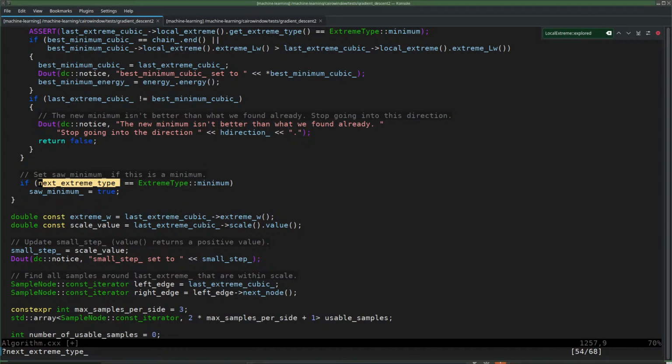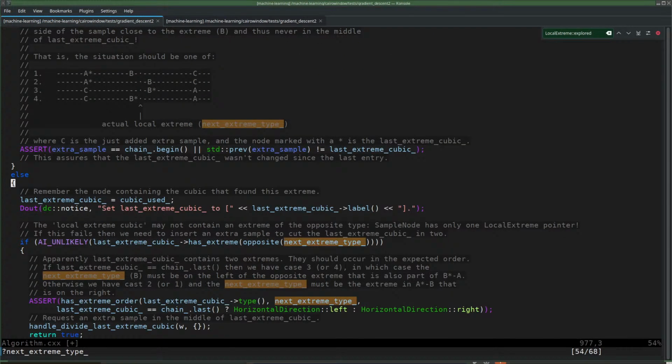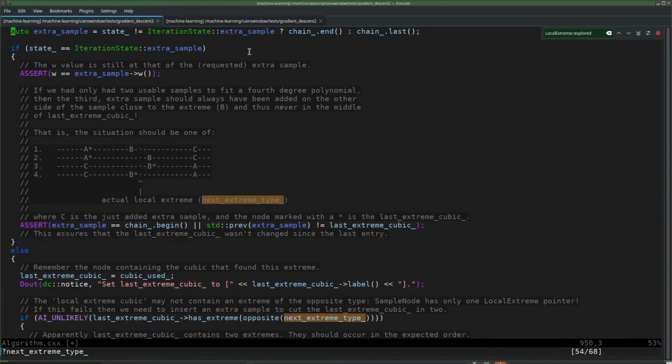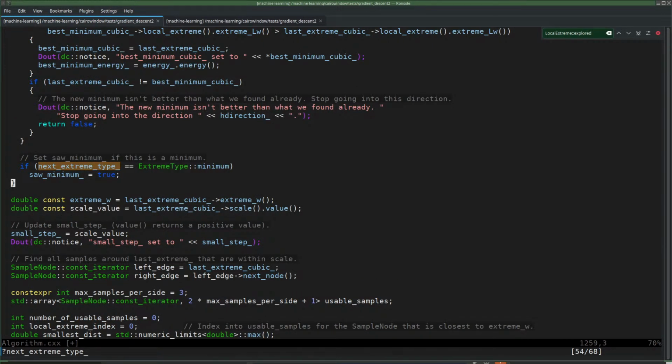So I have the feeling that I could do it here as well. This block is only executed once, even upon re-entry, because the second time the state is extra sample. So I would not toggle next extreme type twice, but we would do the extra sample while next extreme type is different. But that really doesn't matter, I think.